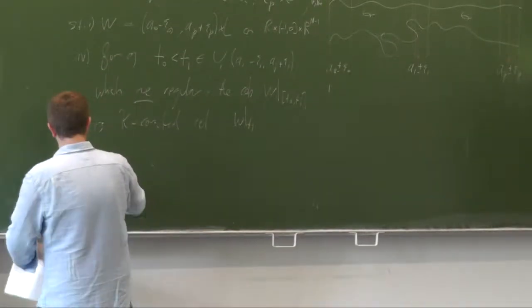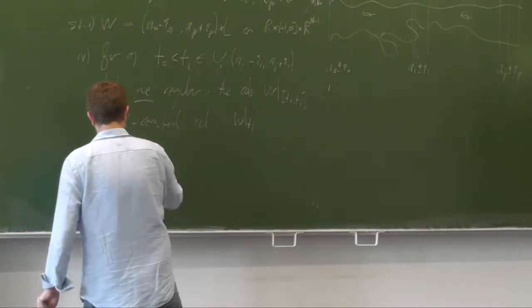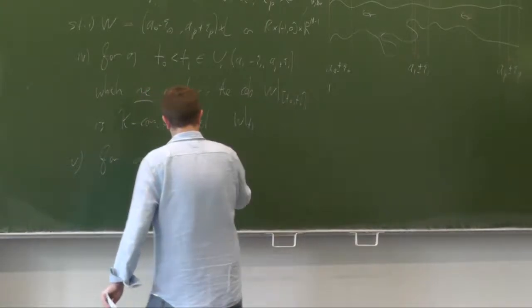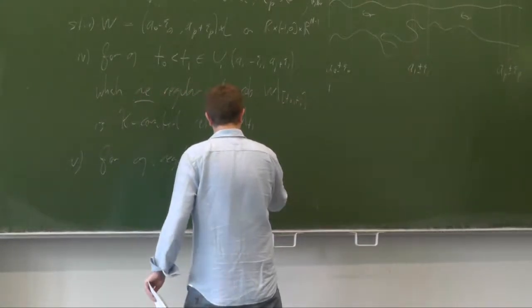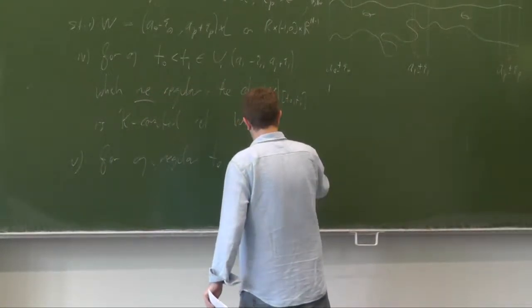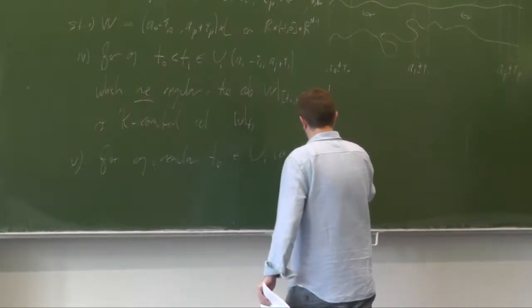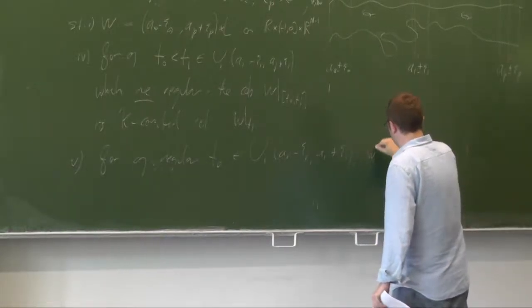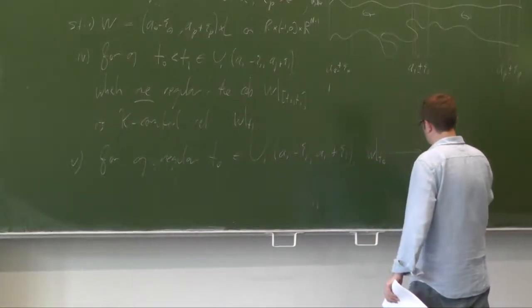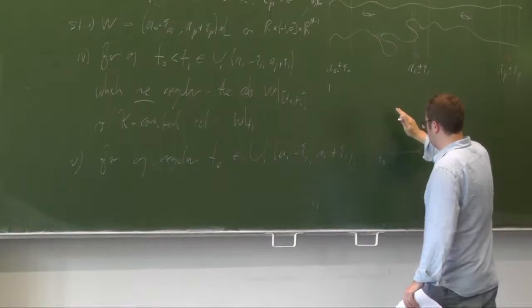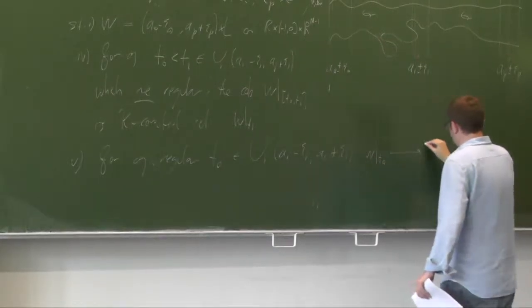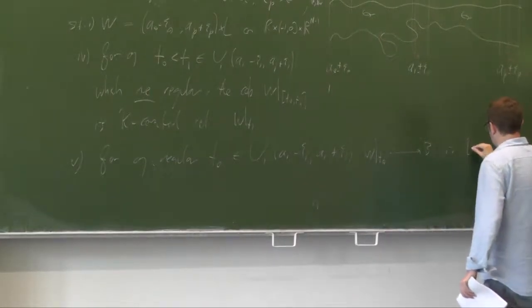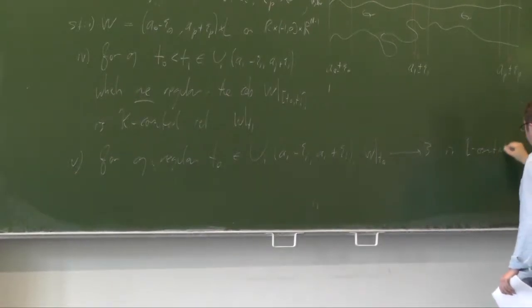And then there's a similar condition on objects. For any regular T0 in this union, W restricted to T0 mapping to B is L. Okay?